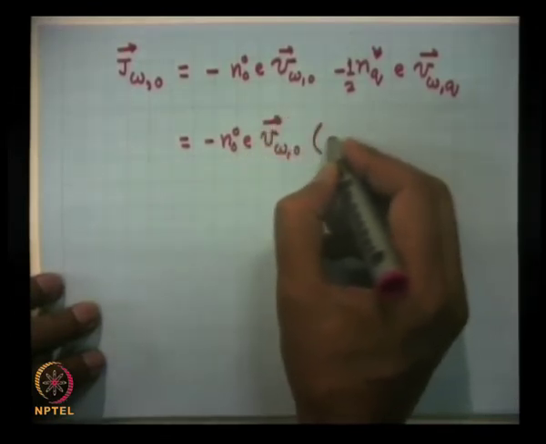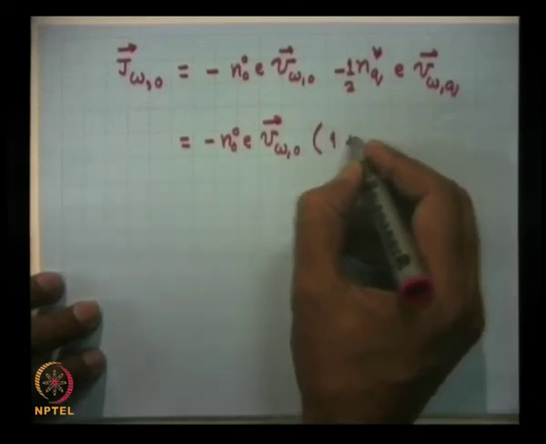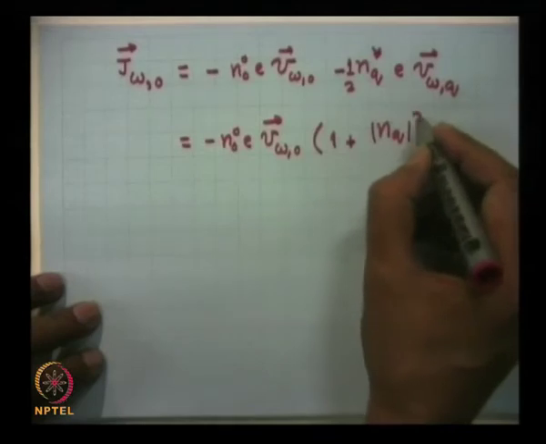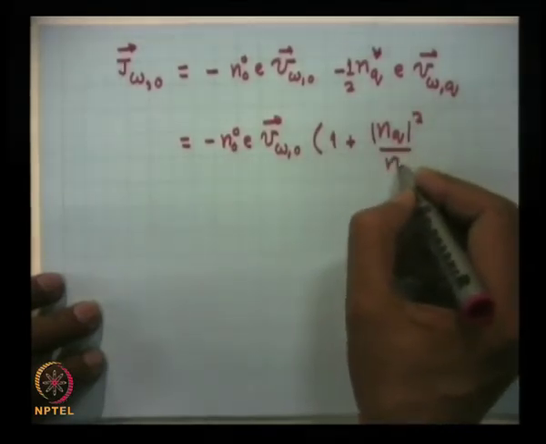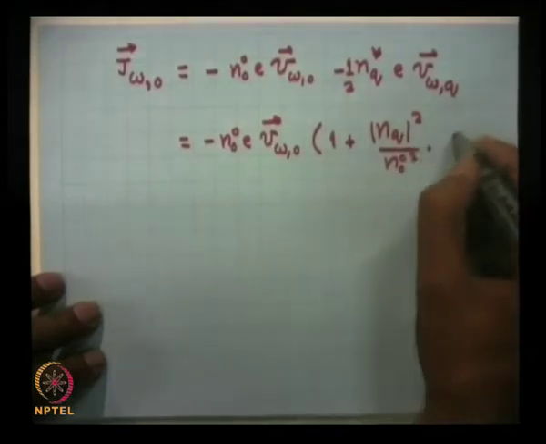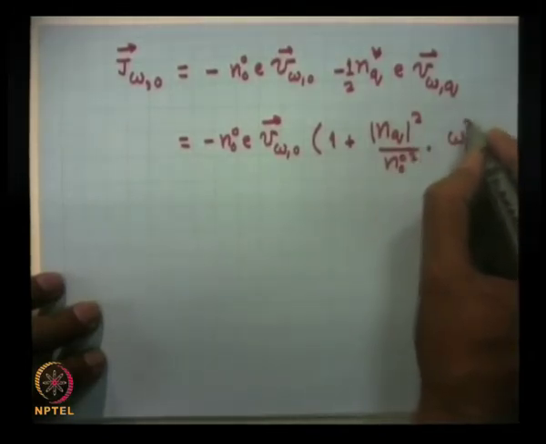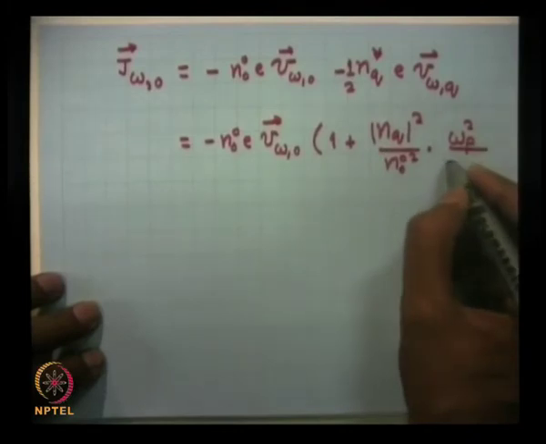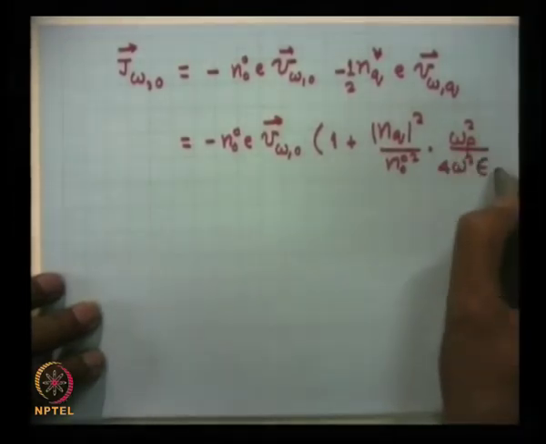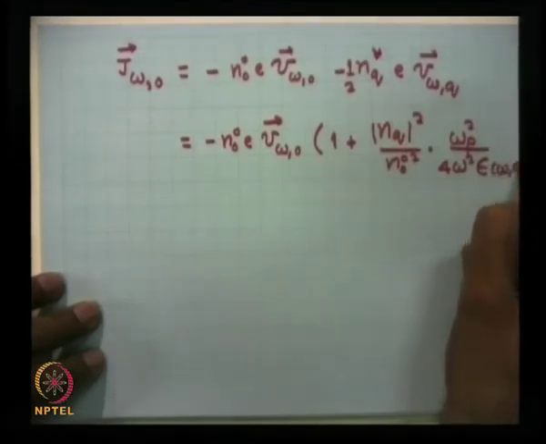Inside you will get a term 1 plus n q square upon n00 square multiplied by omega p square upon 4 omega square and epsilon at omega q. This is the beauty here.